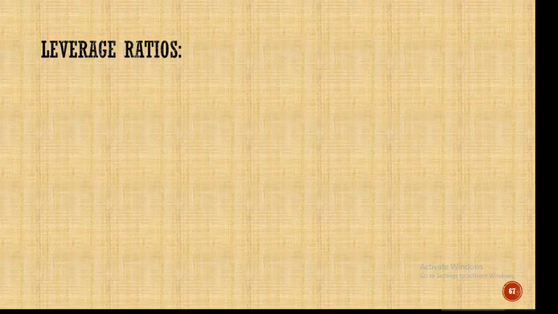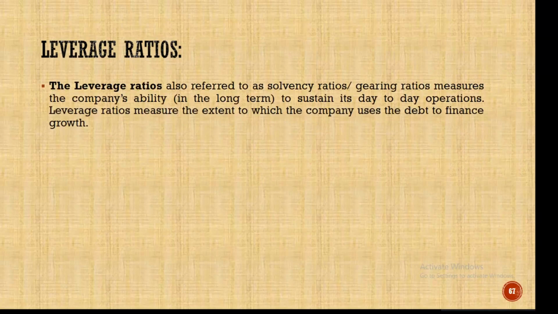Now, the next type of financial ratio is leverage ratios. The leverage ratios are also referred to as solvency ratios or gearing ratios. They measure the company's long term ability to sustain its day to day operations.